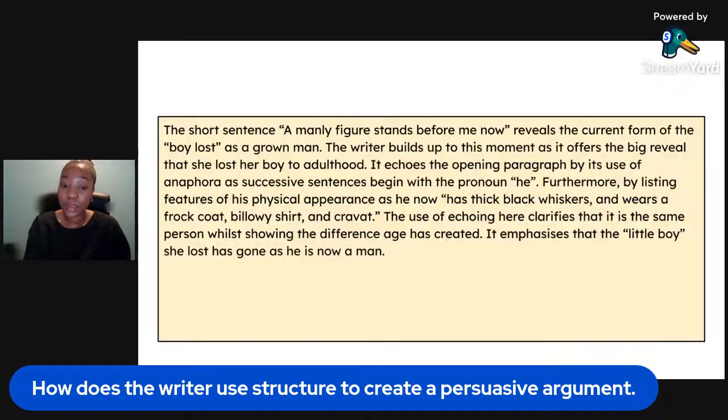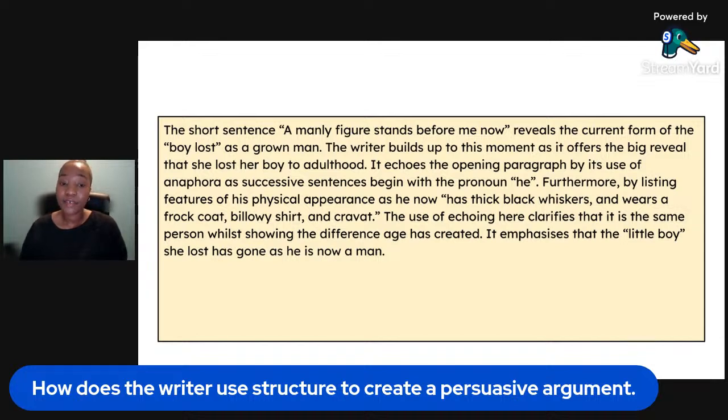I'll show you the example paragraph. So the short sentence, "a manly figure stands before me now," reveals the current form of the boy lost as a grown man. The writer builds up to this moment as it offers the big reveal that she lost her boy to adulthood. It echoes the opening paragraph by its use of anaphora, as successive sentences begin with the pronoun "he."